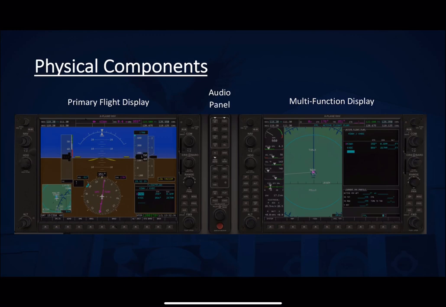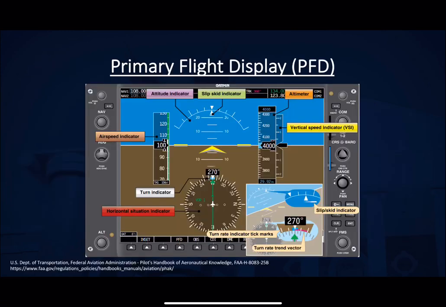The G1000 replaces the analog instruments with line replaceable units, such as the air data computer and the AHRS system, the attitude and heading reference system, to combine everything into an easy to use display that increases situational awareness.